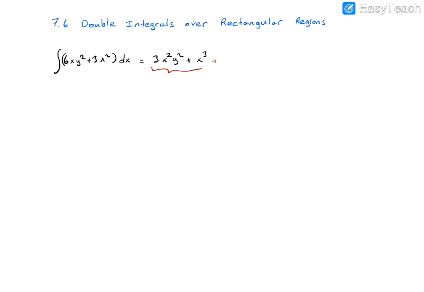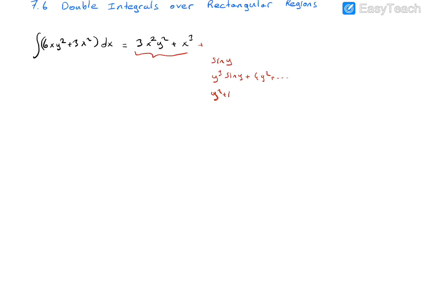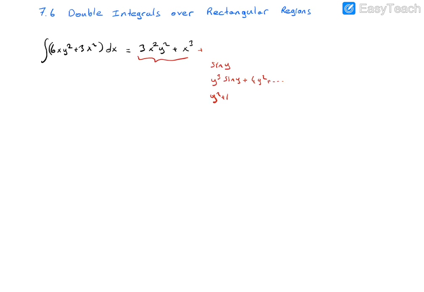So if we have here, for example, y squared plus 1, or sine y, or y cubed times sine y plus 4y squared, some function of y, we can say that its derivative is 0 in terms of x.